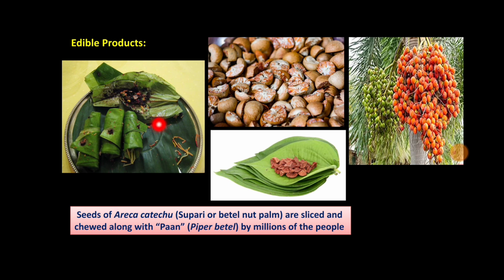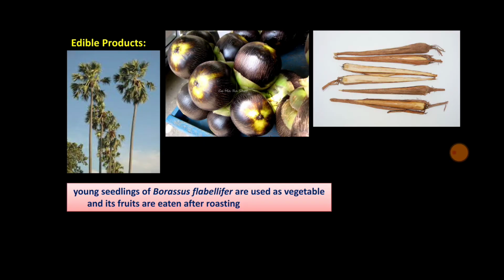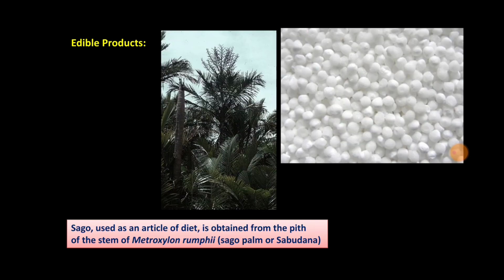This is quite popular. Then kernel fruits and tender leaves of Arenga pinnata is edible. Young seedlings of Borassus flabellifer are used as vegetable and its fruits are eaten after roasting. Sago, used as an article of diet, is obtained from the pith of stem of Metroxylon rumphii, that is sago palm or sabudana.